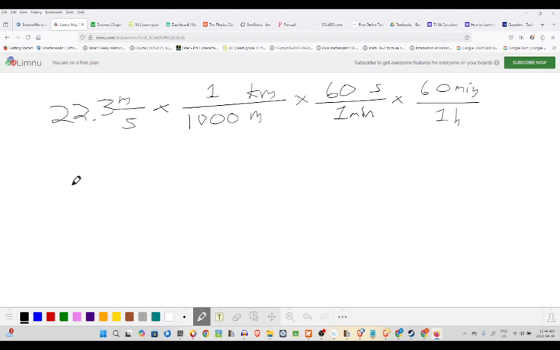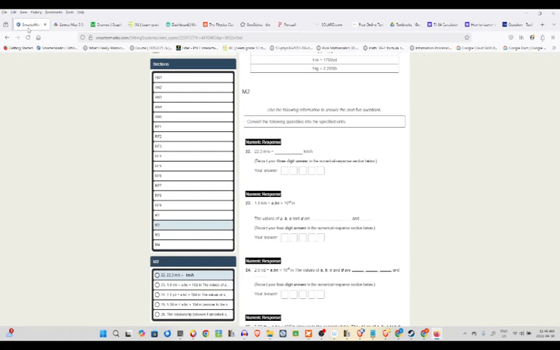Ultimately, this works out to taking our 22.3 and multiplying by 3.6. So this works out to 80.28 kilometers per hour. It specifically says 3-digit answer. 80.28 rounds to 80.3.